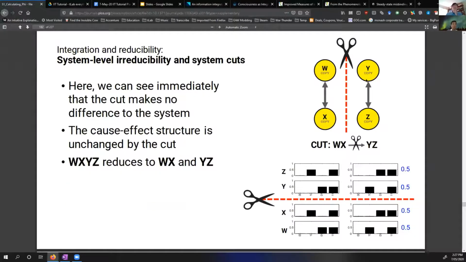So the idea is, if you are looking at a candidate system W, X, Y, Z, this candidate system actually reduces into two separate systems, W, X and Y, Z. What we want to do now is find out if we separate the system into two parts, do we get the same cause-effect structure or not?